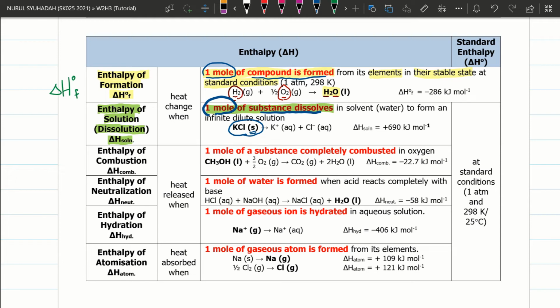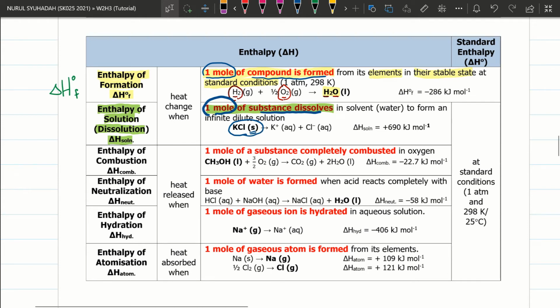For enthalpy of solution, we make a solution from a solid compound, and that solid compound needs to be 1 mole. Delta H solution can be either a positive or negative value, depending on the type of substance.